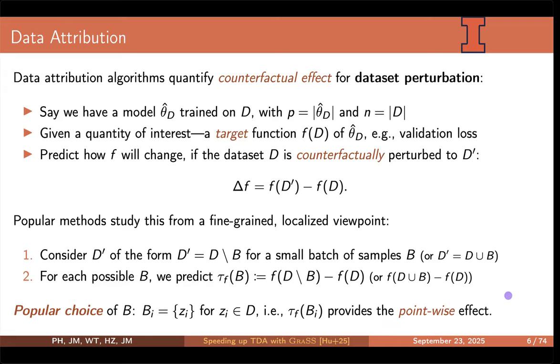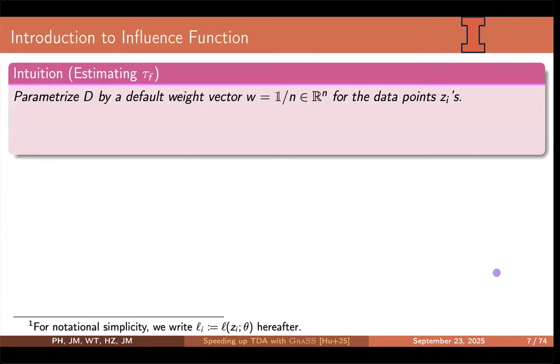And the next question you should ask is, how can we tackle this, right? To see how one can tackle this problem, it's beneficial to think about parameterizing the data set by weight. So specifically, each data point now receives an initial weight of 1 over n.